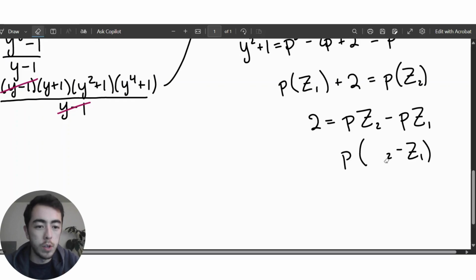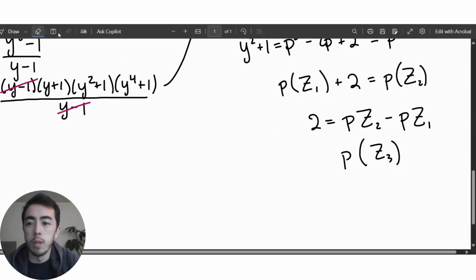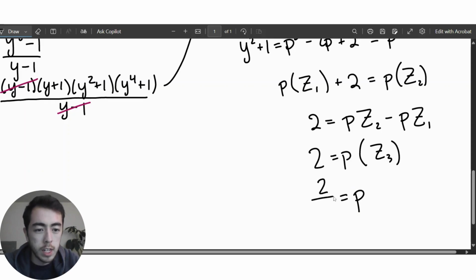So when I do the subtraction, I'll just get another whole number. And I'm going to call that z3, just to represent that I get some kind of whole number out of this. And that should be equal to 2. And finally, let me isolate this p, because that's what I'm searching for anyways. p is equal to 2 divided by some integer.